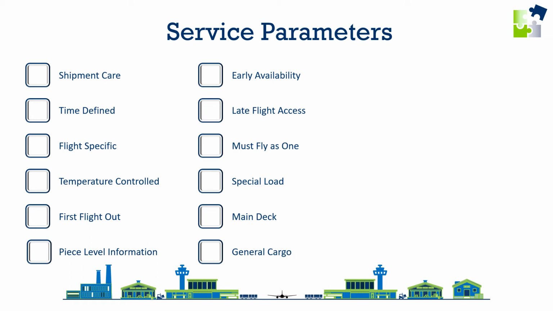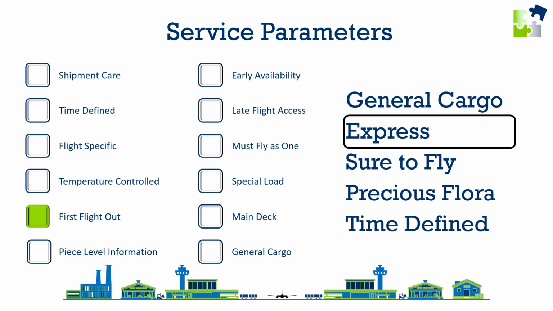We have started developing standards for time-defined products under this project. However, there are other service parameters as well that we may look at in the future, and for which we may want to create appropriate standards to plan, measure, and evaluate. These parameters could then be combined by carriers to define any of their products.